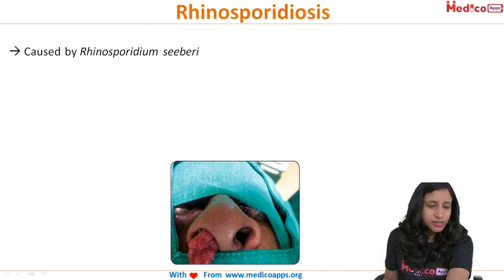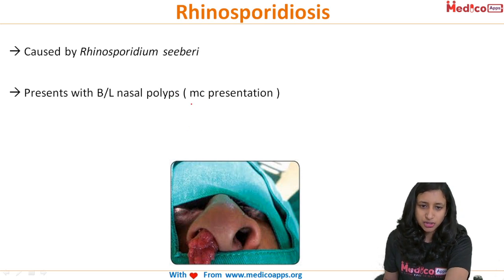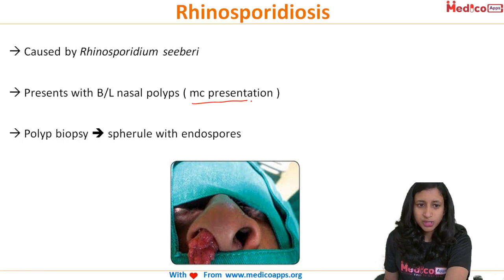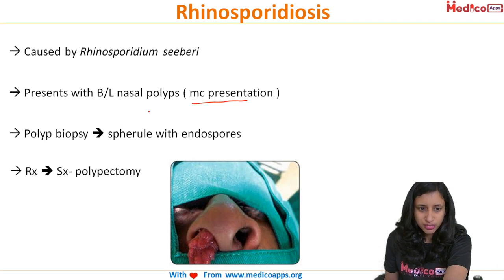So like I told you, it is caused by Rhinosporidium seeberi, and it presents with bilateral nasal polyps. Now this is the most common presentation that you should know. Now they take a biopsy, or your histopathological examination shows presence of spherules with endospores. This is the very, very typical finding that you see.